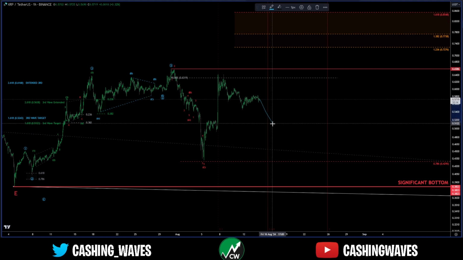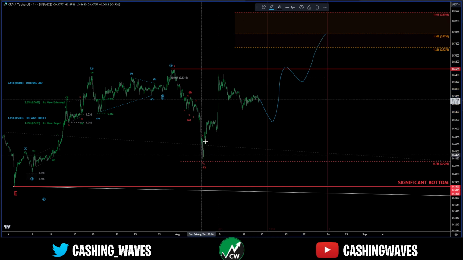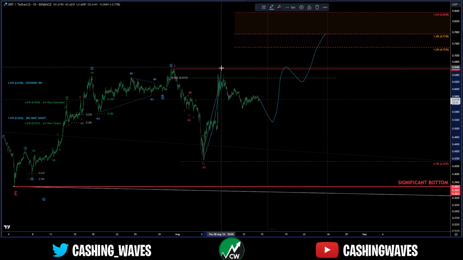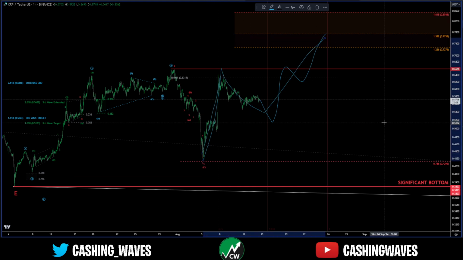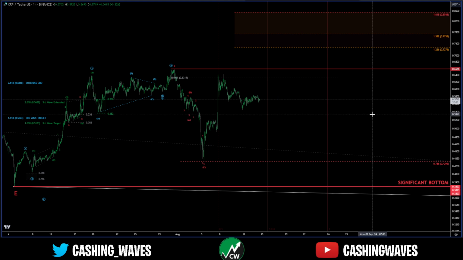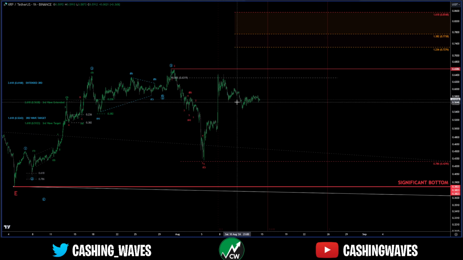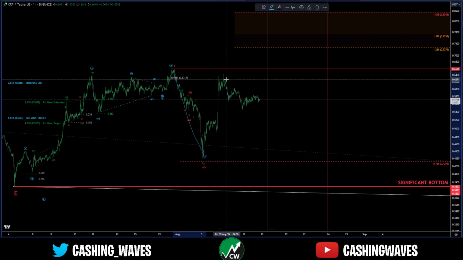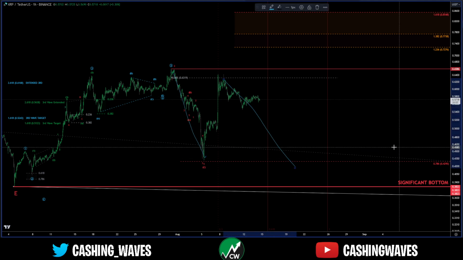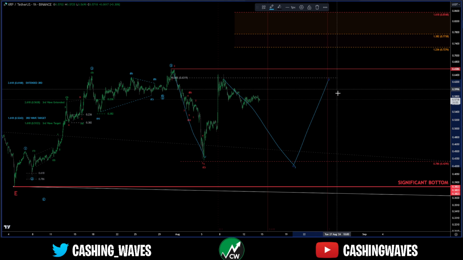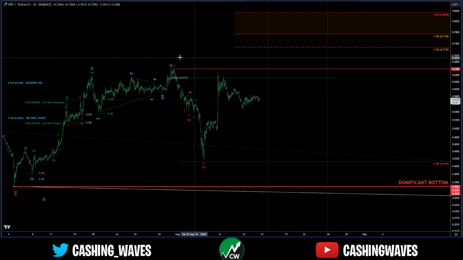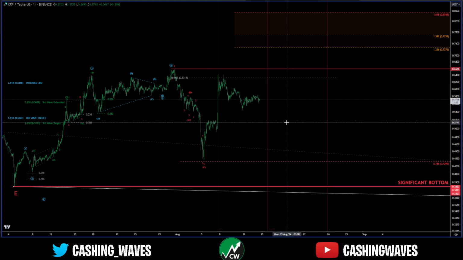Now we're going to make one more push down, make another matching leg here as a WXY. Series of zigzags most likely. But just to be clear, we have reached the minimum requirement, so we can technically make our matching leg from here. And this would be an ABC. So I'm going to be playing this a specific way.